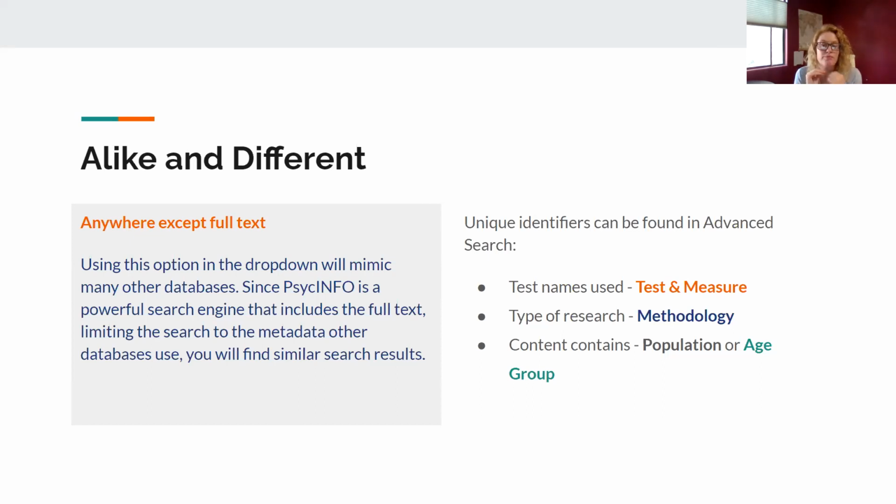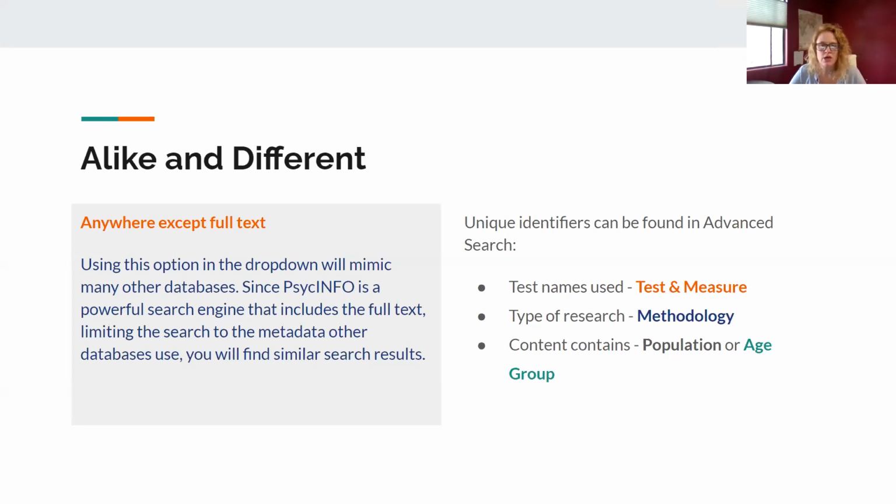Also, there's a really cool section. A lot of our other databases do not have this, which makes this one stand apart: there's a type of research. There's metadata on the methodology. So whether you're looking for a clinical trial, an article about a clinical trial, an article about an empirical study, or a meta-analysis, or a qualitative, a quantitative, a systematic review, this is going to break all that down for you, so you can just click a button and it'll be there for you.